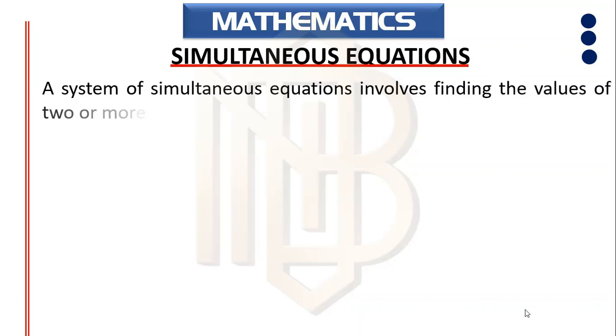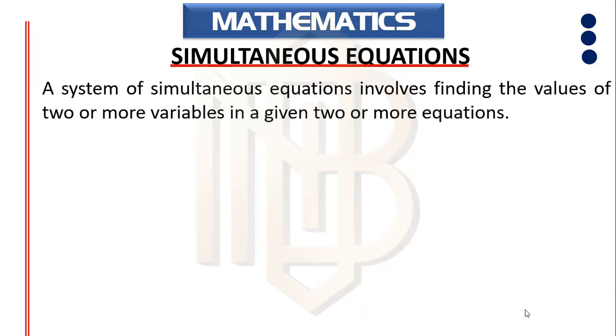Simultaneous equations is a system in which you have two unknowns or more. You can have two unknowns, three unknowns, four unknowns. In any case, when you have more than one unknown, more than one variable, you can refer to such a case as simultaneous equations.